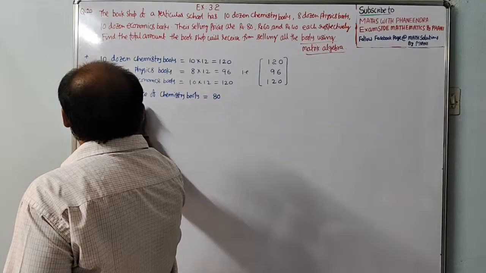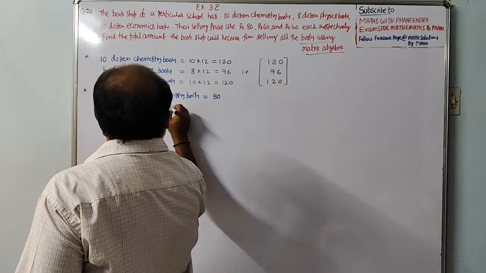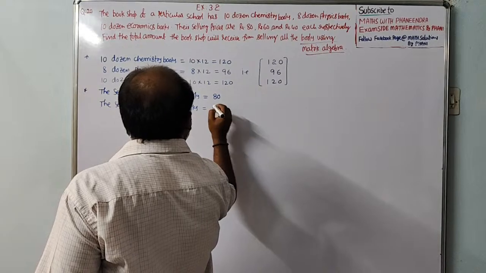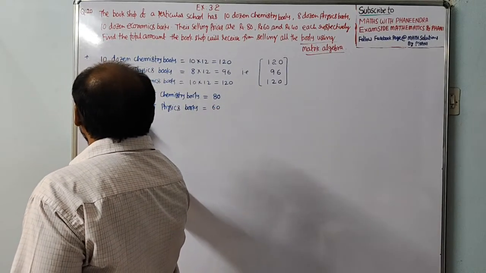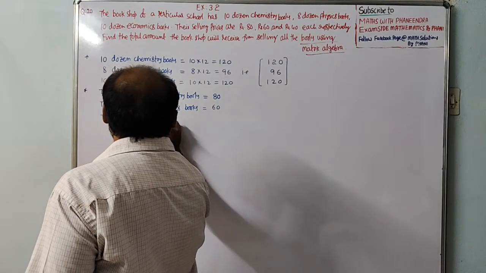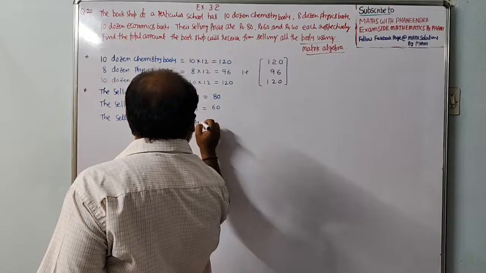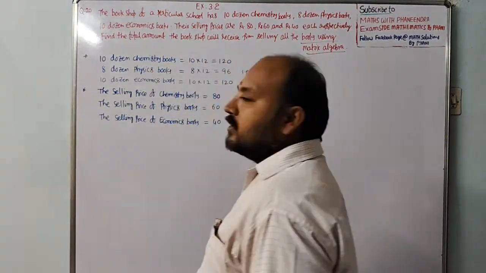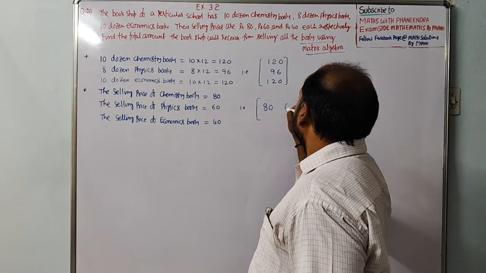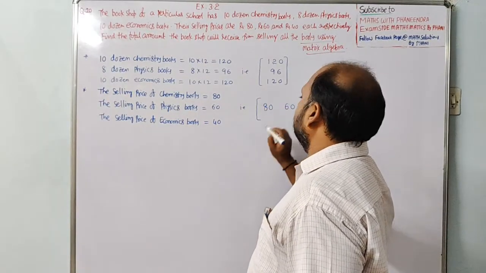The selling price of physics books, 60 rupees. The selling price of economics books is 40 rupees. So we are writing in the matrix form. So it is 80, 60 and 40, which is in terms of rupees.